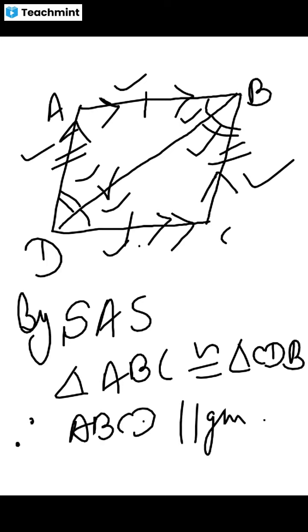Example 6. ABCD is a parallelogram in which P and Q are midpoints of sides AB and CD. AQ intersects DP at S and BQ intersects CP at R, so that PSQR is a parallelogram. Look at the question itself.